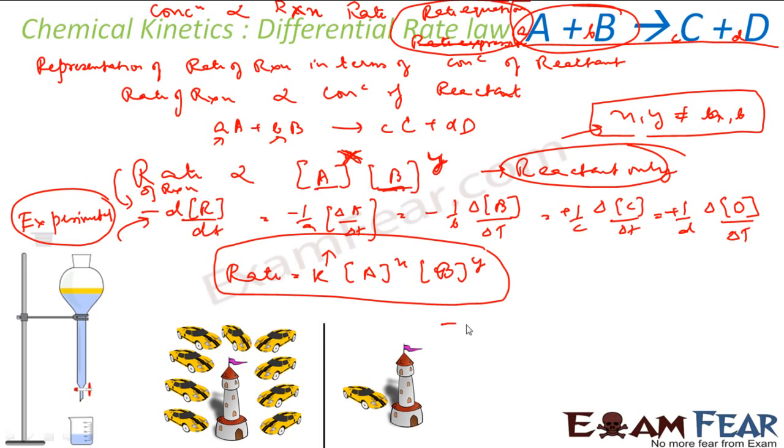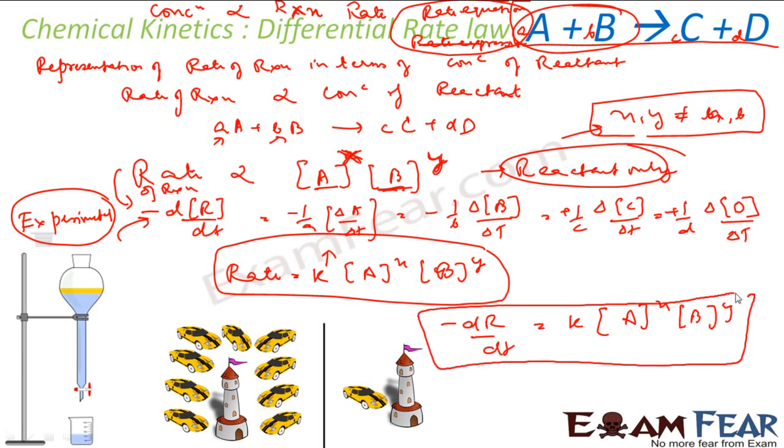Instead of rate I can write minus d[R] by dt also, because this is nothing but change of reactant with a minus sign. Why? Because the reactant is going down. It is K of A to the power X B to the power Y. This is called differential rate law or differential rate equation. Correct? This K is my what? K is my rate constant.